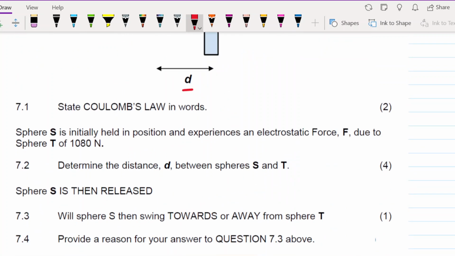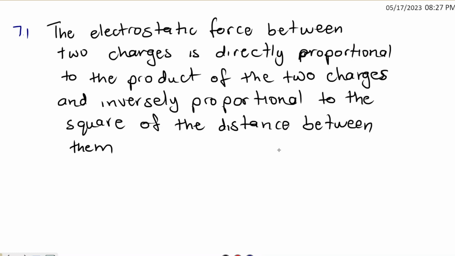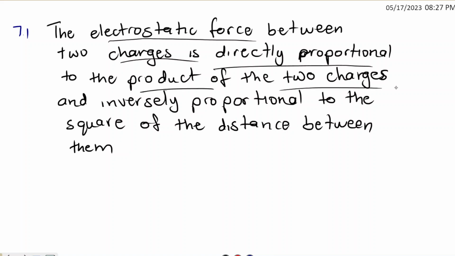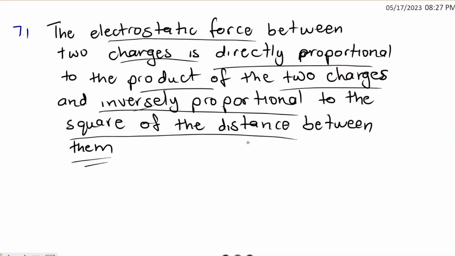So 7.1 says, state Coulomb's law in words. So let's state Coulomb's law in words. The law says the electrostatic force between two charges is directly proportional to the product of the charges and inversely proportional to the square of the distance between them.